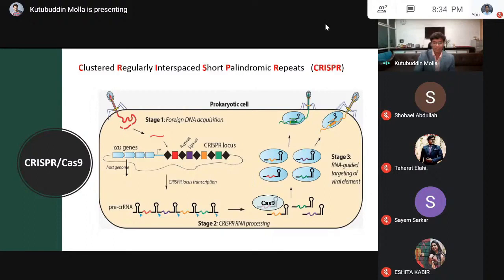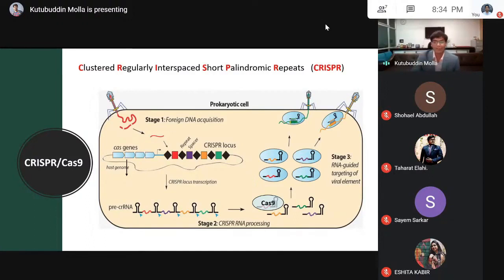If they find similar sequences with the CRISPR RNA, then it will bind, and whenever there is similarity between the CRISPR RNA and the incoming DNA from the virus, the Cas9 gets the signal to make a cut. So the bacterium understands that this DNA is from my enemy virus, because I have that memory with me in the form of CRISPR RNA.